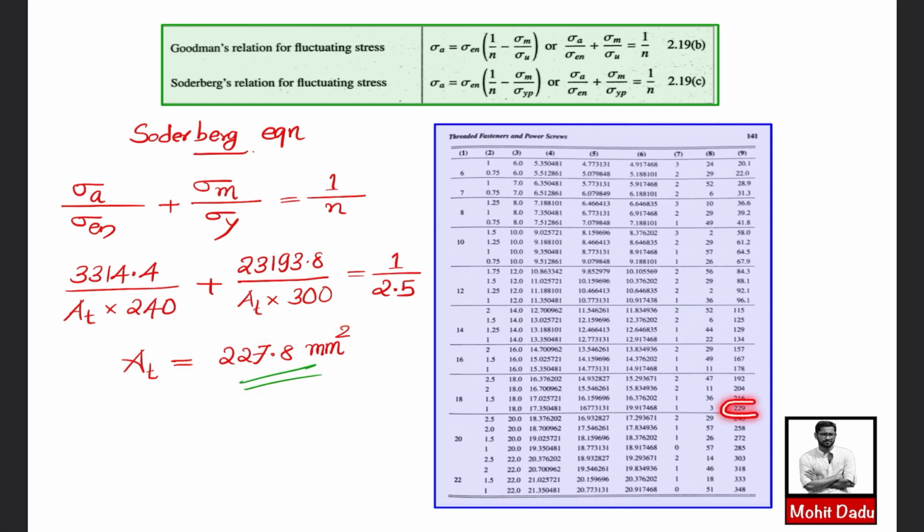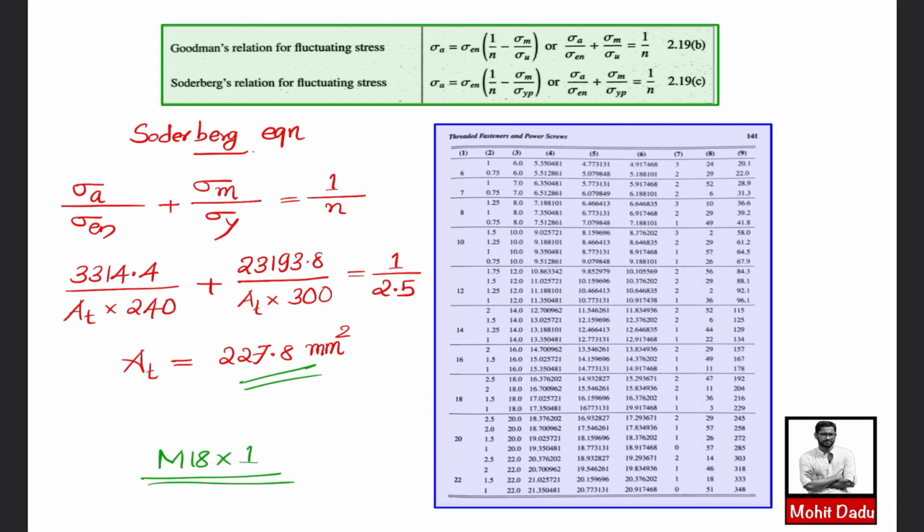You will see the value 229 mm square, and that corresponds to the bolt having major or nominal diameter 18, represented by M18, and the pitch is 1. So 227.8, the next higher one is 229. So you can finally select the bolt as M18 by 1. That means this will be the final selected bolt for this application based on the Soderberg equation.